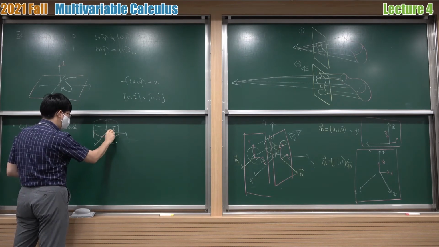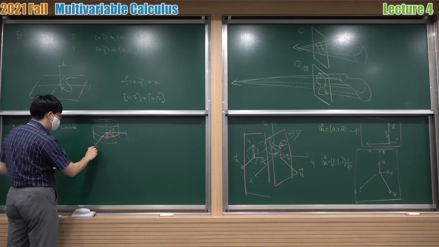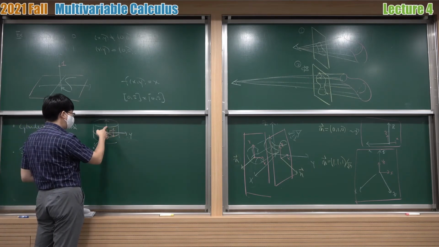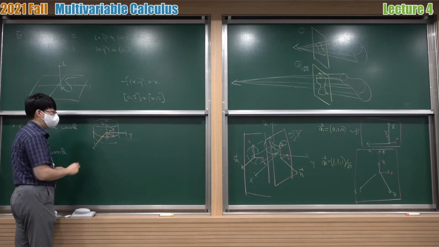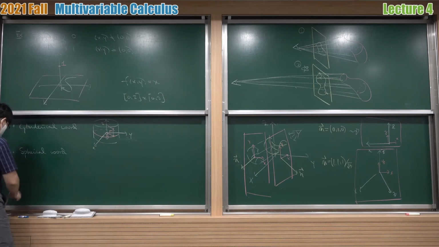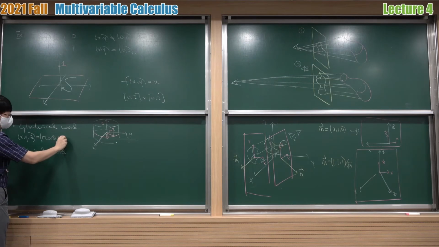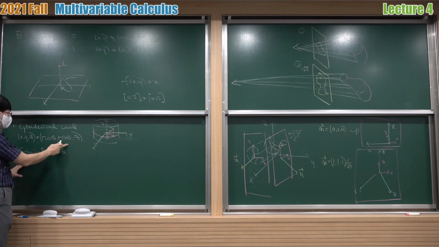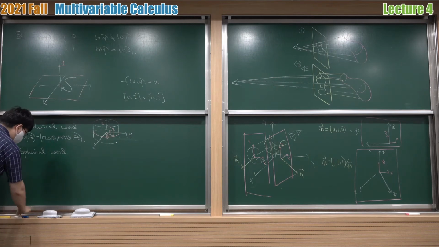So radius r and theta define this projection. And the actual point has a z coordinate, which is the same as the z coordinate. So x, y, z can be identified by r cosine theta, r sine theta, and z. This is the cylindrical coordinate system.